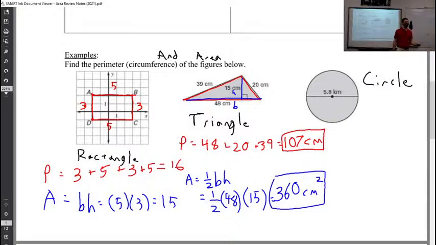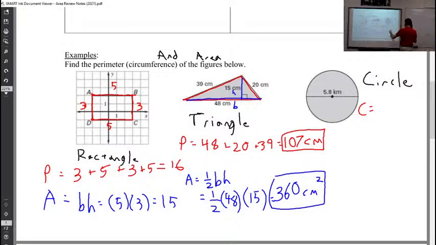So this time we don't talk about perimeter for distance around the circle. We talk about circumference, because the definition of perimeter is add up all the sides, and a circle doesn't have any sides. So you need a different word for distance around the circle.